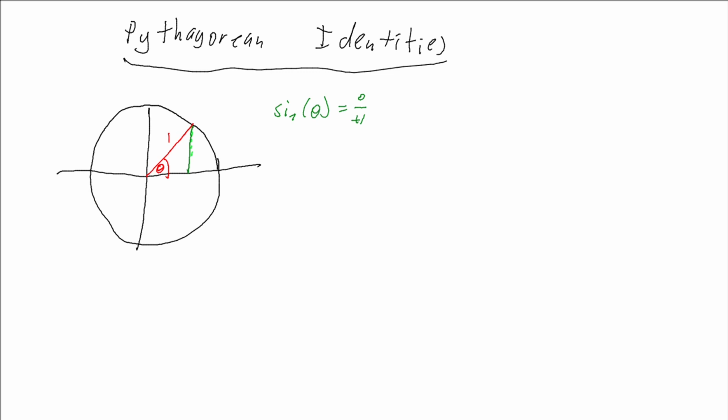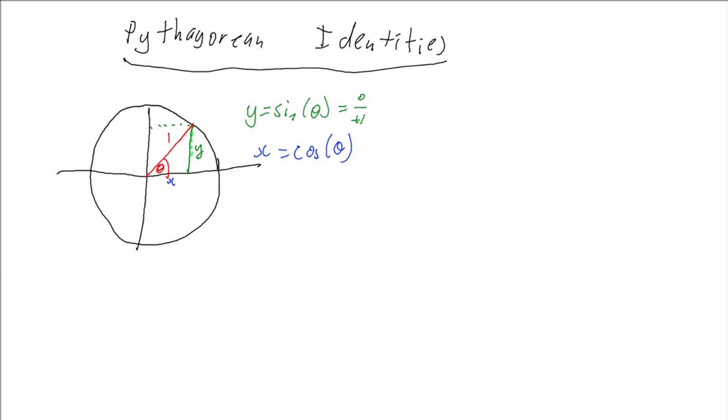And the opposite value is the y coordinate of this point. So we know that y is the sine of our angle. And the same with that, x is going to be adjacent over hypotenuse. So x is given to us by the cos of the angle.